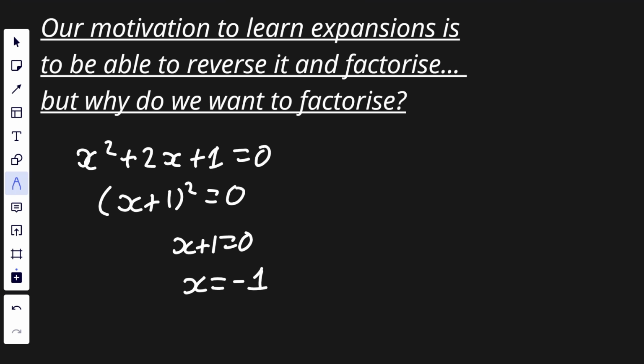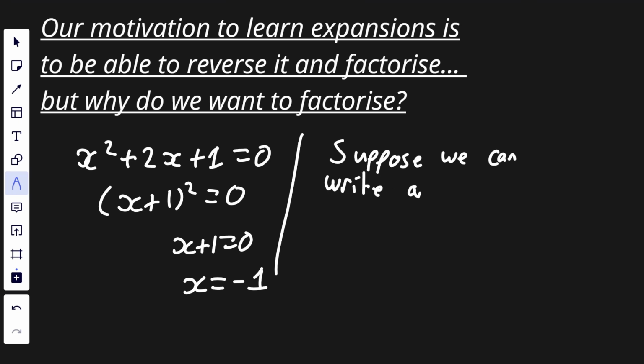Now, why do we want to factorize? It doesn't really illustrate in this example very well, but the reason is that once we factorize, we can reduce our equation into two simpler equations, or many more simpler equations. Suppose we can write an equation as f of x times g of x.